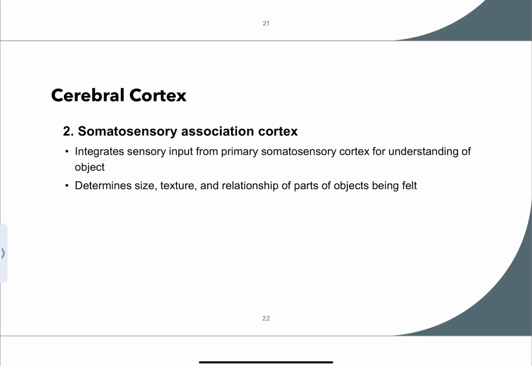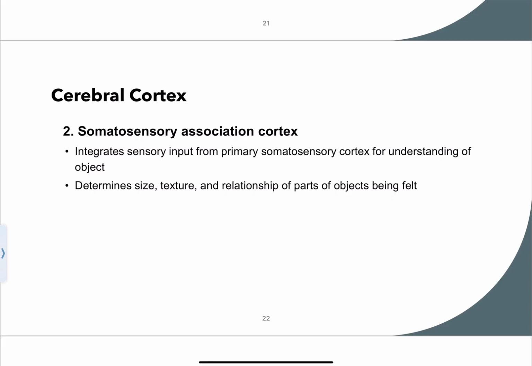So for example, this area would be helping you if you were to put your hand in your pocket. You would be using your somatosensory association cortex to help retrieve some stored memories that you have, so you can perceive the objects that you're feeling in your pocket. For example, like a piece of gum, your car keys, your cell phone, a pen, something like that.